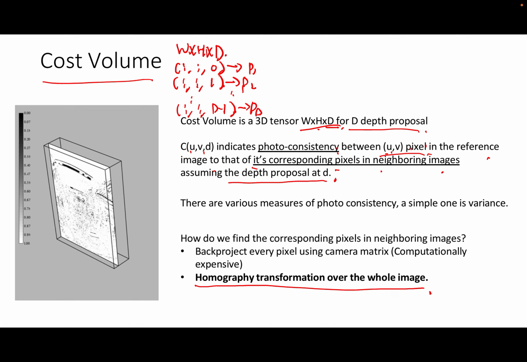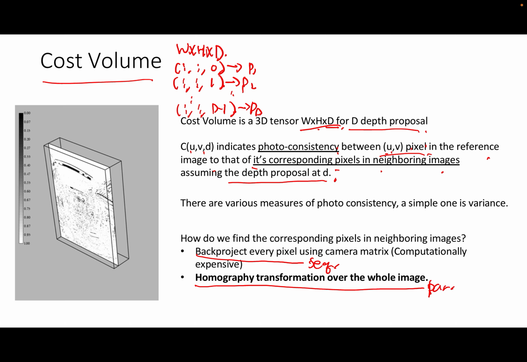We learned that a homographic transformation in 3D is just a 4x4 general matrix. Then we can apply it to all points in a parallel way over the whole image, instead of doing this sequential process. This is a sequential process, and this is a parallel process.